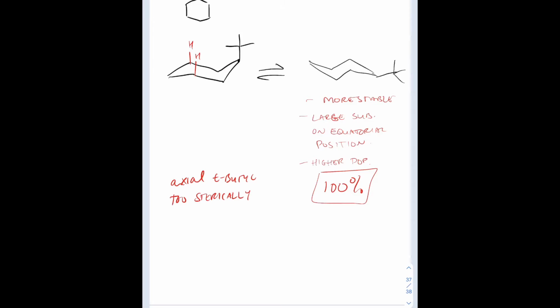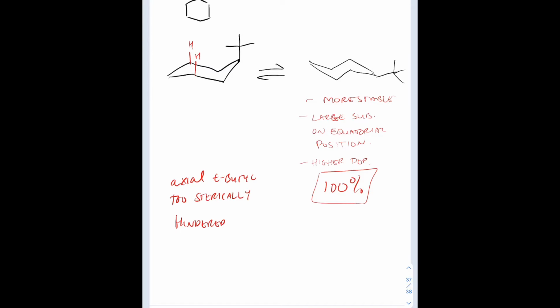Sterically hindered, and therefore it doesn't happen. So remember, just make sure your large groups are in the equatorial position.